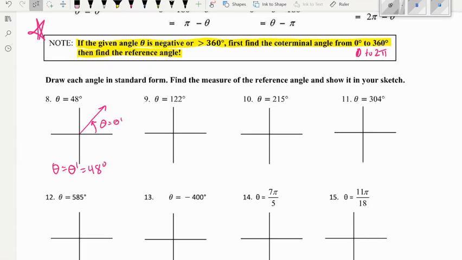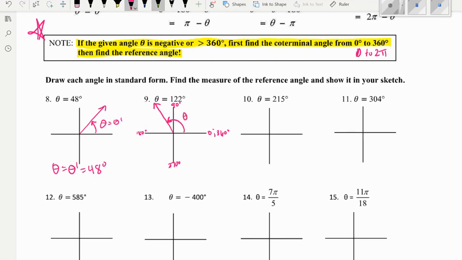In the next one, we have 122 degrees, which would be in quadrant 2, because remember again, this is 0 degrees, 90 degrees, 180 degrees, 270 degrees, and back all the way around is 360 degrees, which we've talked about. So 122 degrees would be somewhere up here. The angle drawn in standard position would be here, which is theta.